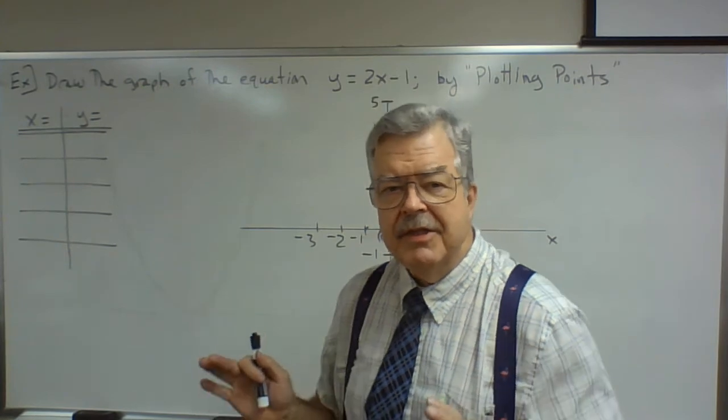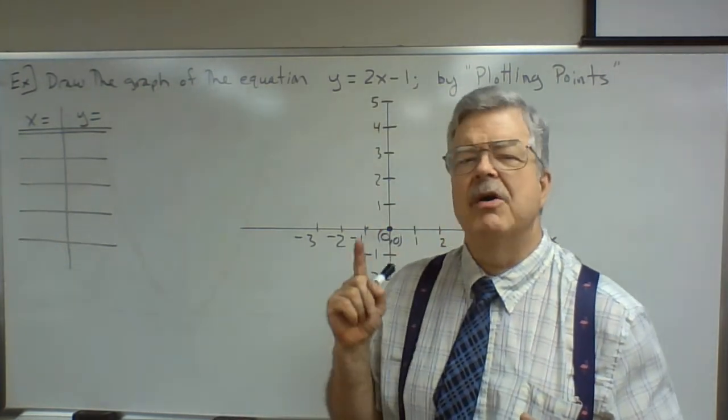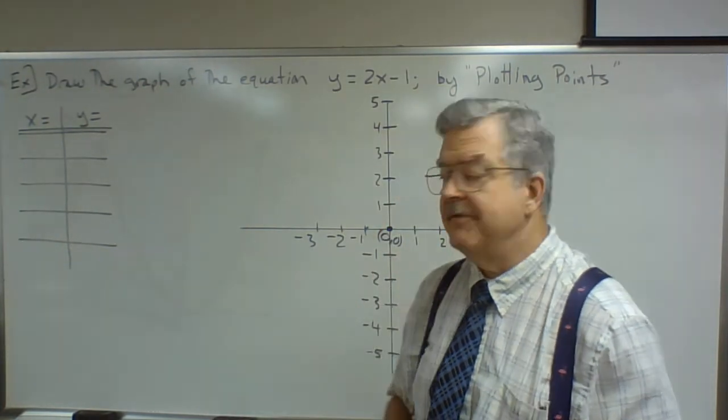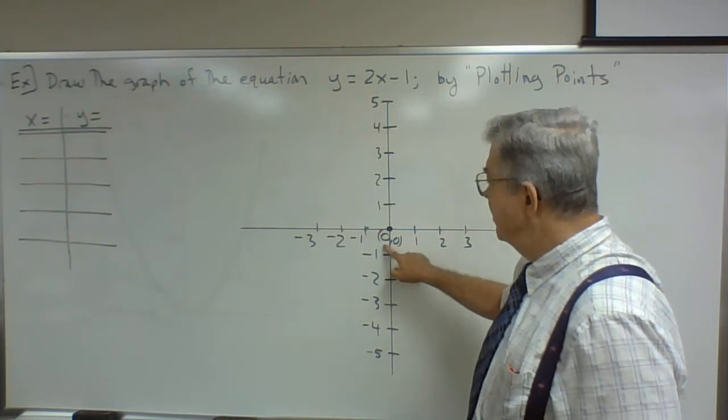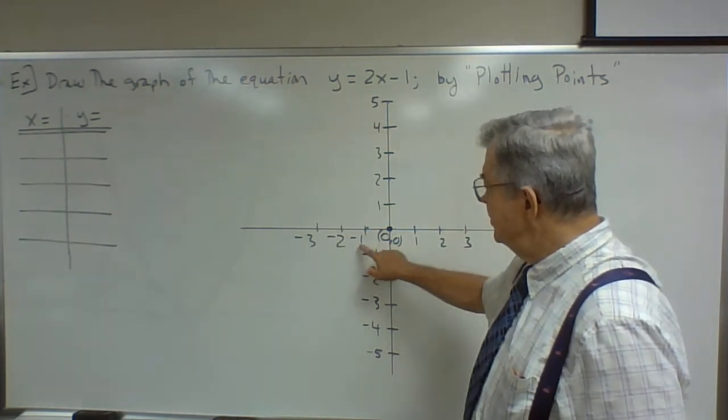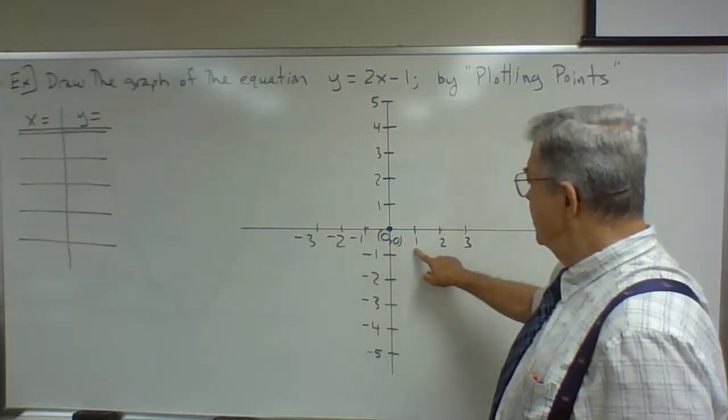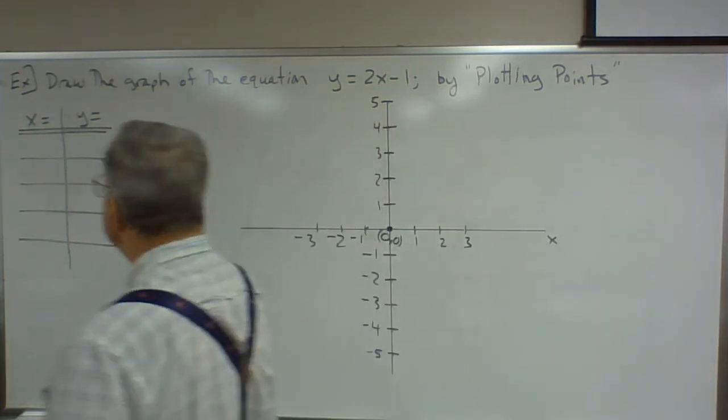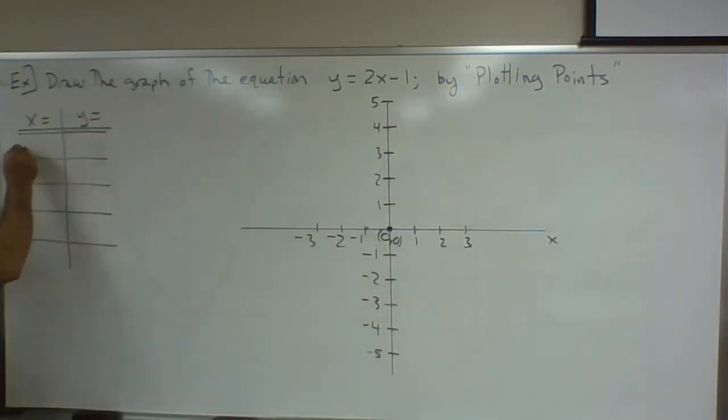And as we did in the example before, we're going to take whole number values of x right around the origin. Let's say -2, -1, 0, 1, 2.